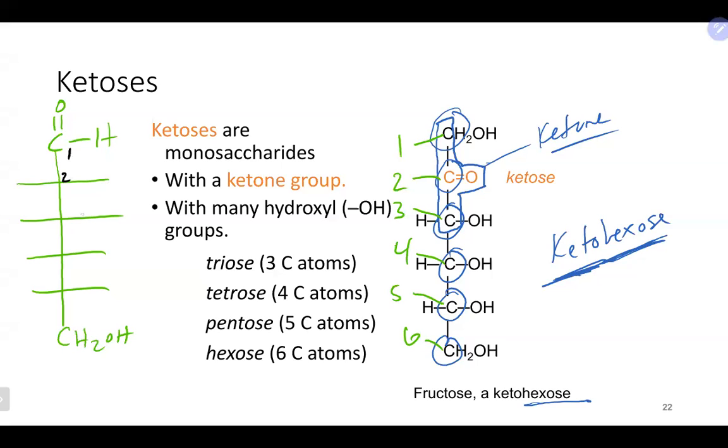This intersection here would be 2. This would be carbon 3. This would be carbon 4. That would be carbon 5. And that would be carbon 6. So again, we number the same way as we do in organic chemistry. That functional group takes the priority and is always at the top.